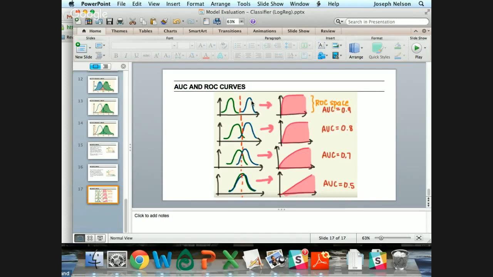If there's no overlapping, maybe there's minimal overlapping at the tails, the area under the curve for our ROC space, receiver operating curve, is 0.9. For this one where they overlap a bit, the area under the curve also decreases a bit because it's generally a bit trickier to identify correctly true positives and true negatives, and that's what sensitivity and specificity are doing.